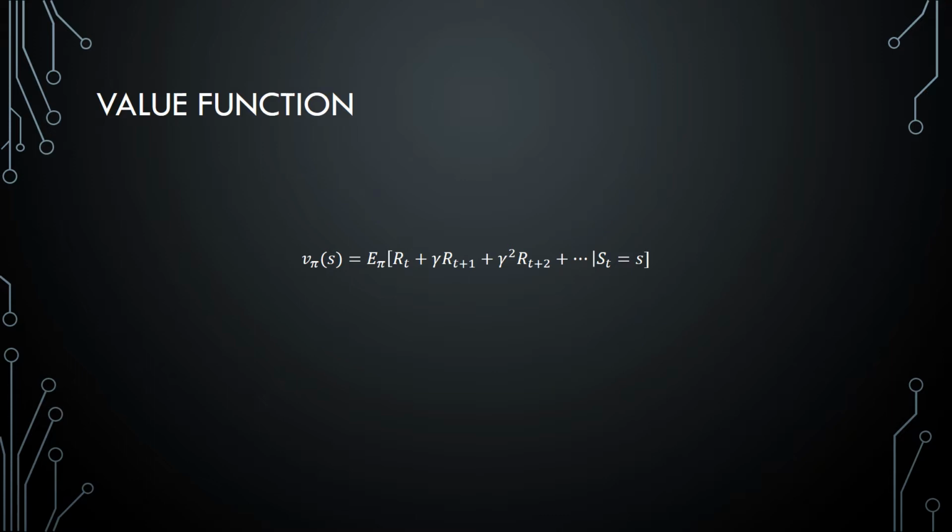The value function for a policy tells us how much reward we are going to expect at time step t. We add up the reward for time t, and then the next step, and then the next step. It may also have discounting or diminishing returns depending on the value of gamma.